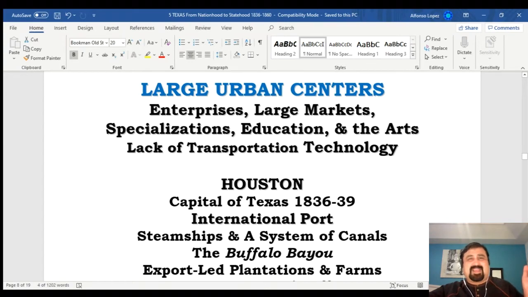Okay, the large enterprises, the headquarters, the main offices were located in those large urban centers.